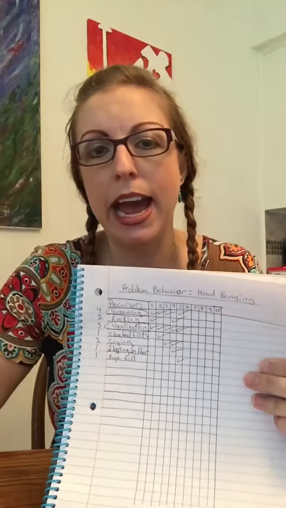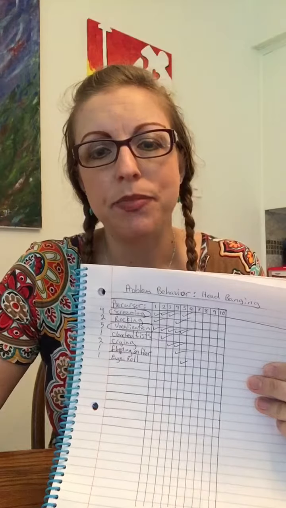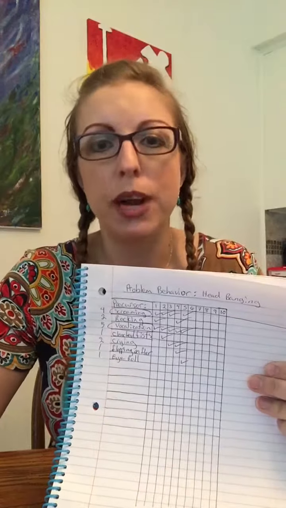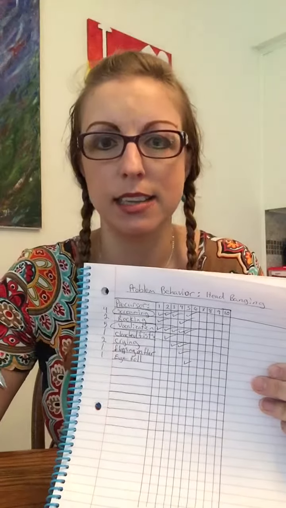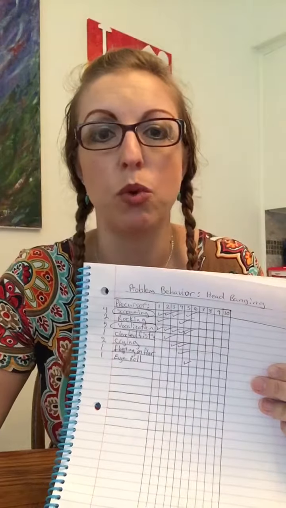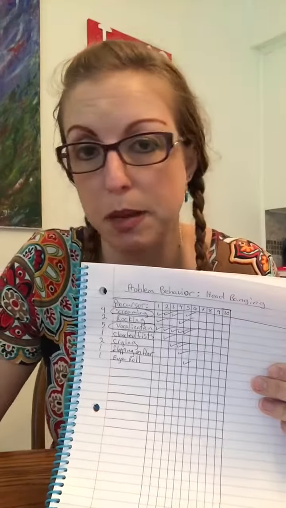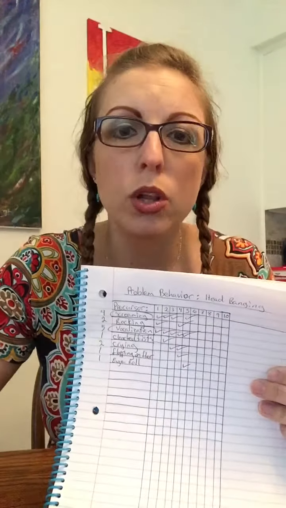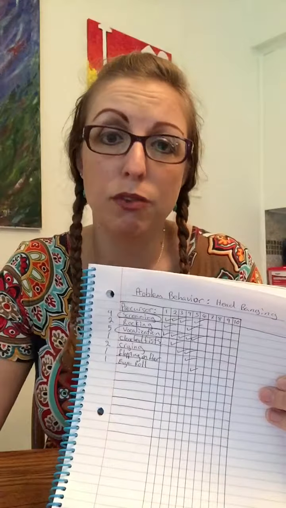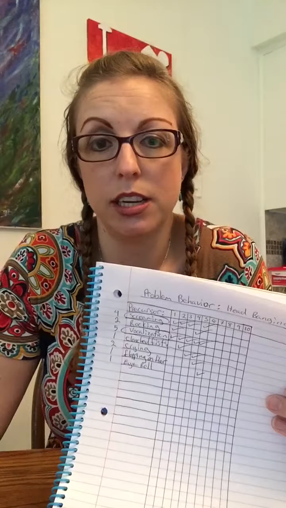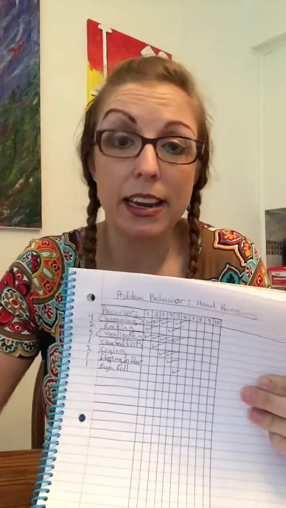You're going to look at each behavior. You're going to break down, what is it that I'm seeing? Okay, he's rolling his eyes consistently before he says, I don't want to do this, and then rips up the paper. So rolling eyes and vocalization would be what you would mark down for, say, a property destruction data collection.